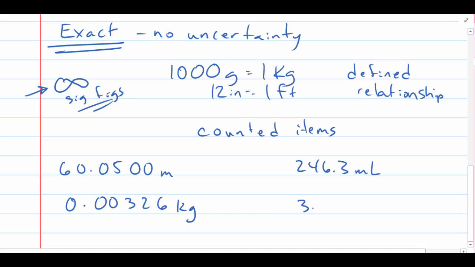We have 3.5 times 10 to the 12th kilometers. So how many significant figures in each one? We'll give you about 1 to 2 minutes here to get these figured out, and then we'll knock them off, boom, boom, boom, boom, on the Socrative app. And ask questions if you have them, or ask your neighbor.